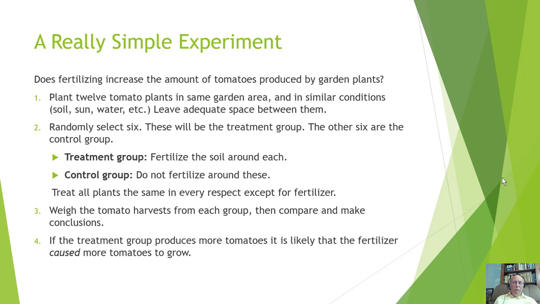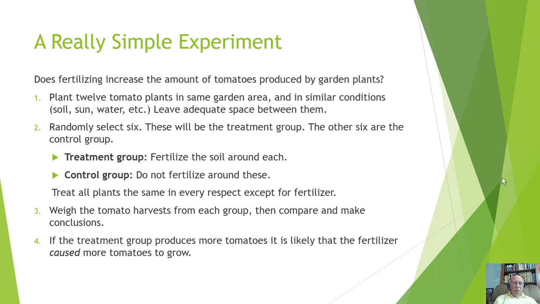Then we randomly select 6 of those 12 plants to be the treatment group. The other 6 will be the control group. For the treatment group, we fertilize the soil around each one of those plants. For the control group, we do not apply the fertilizer. We treat all of the plants in exactly the same way except for the fertilizer, whether they're in the treatment or the control group.